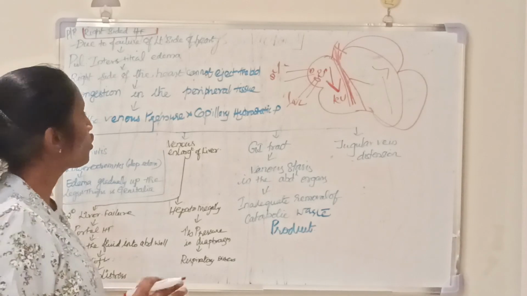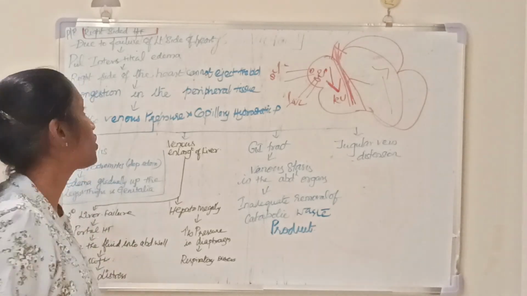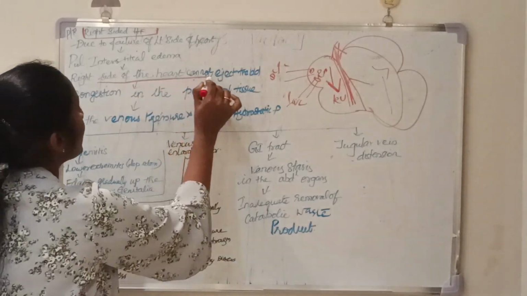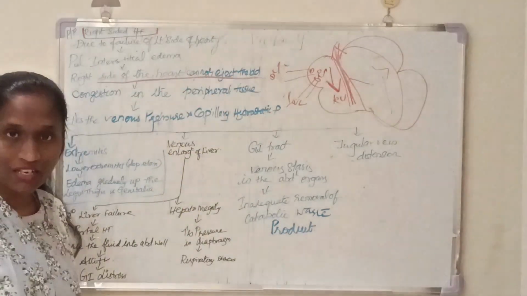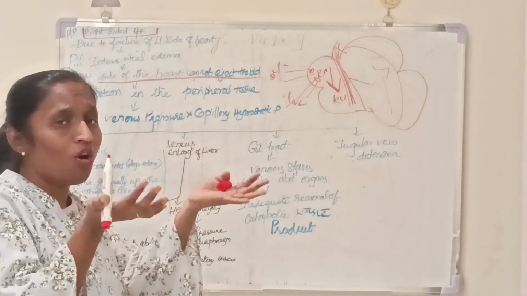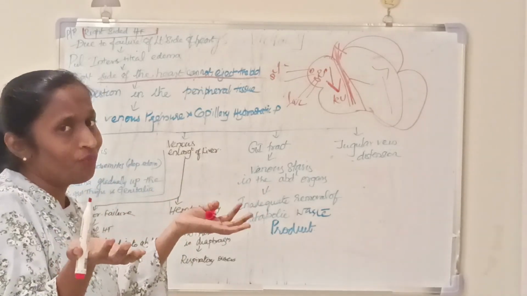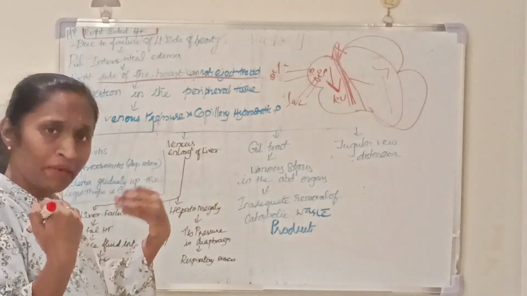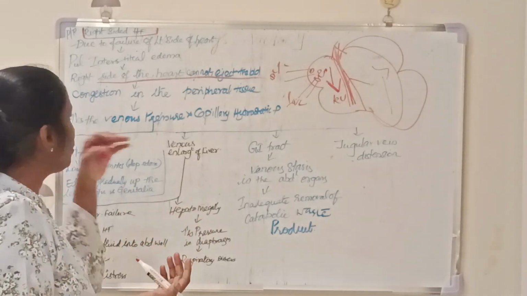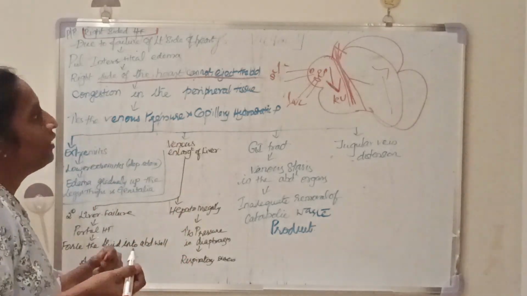So here the blood is pumped from the left ventricle into the lungs again. There is no chance of purification, so the right side of the heart cannot eject the blood, because the lungs are already overwhelmed with fluid and there is no room to accommodate the blood coming from the right side of the heart, so there is congestion.